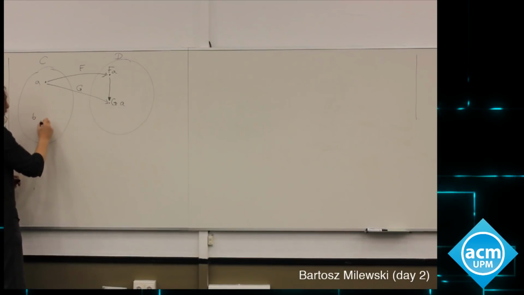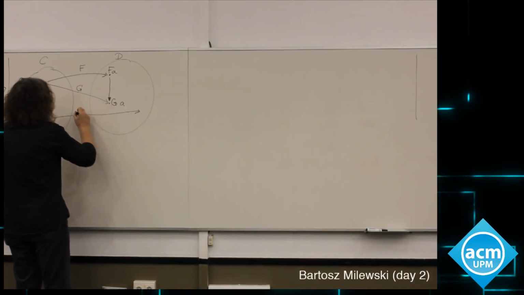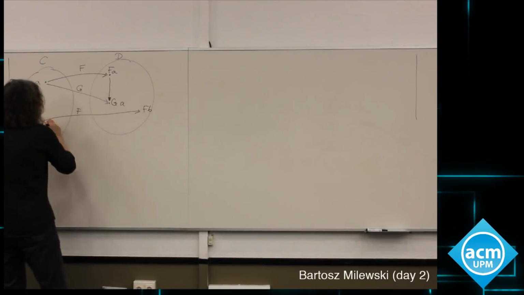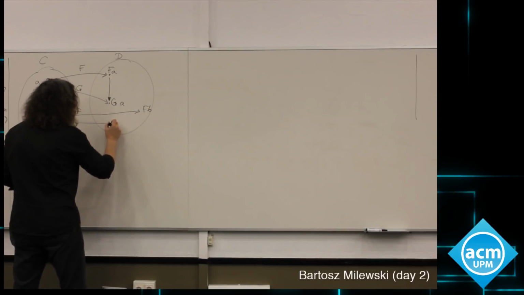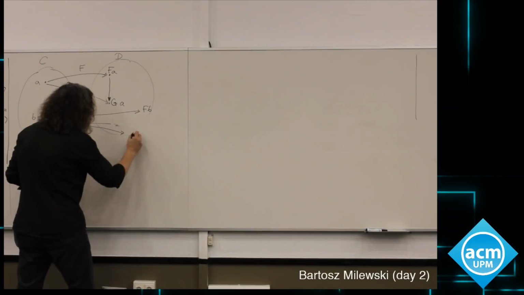And we have to do this for every object. So there's an object B here, right? F will map this into FB, and G will map it into, let's see, I want to have a big picture here, GB. Okay?